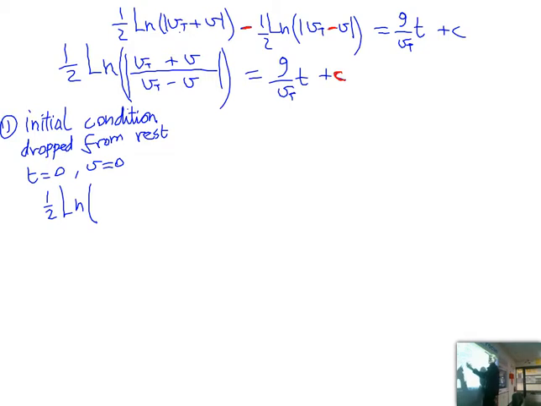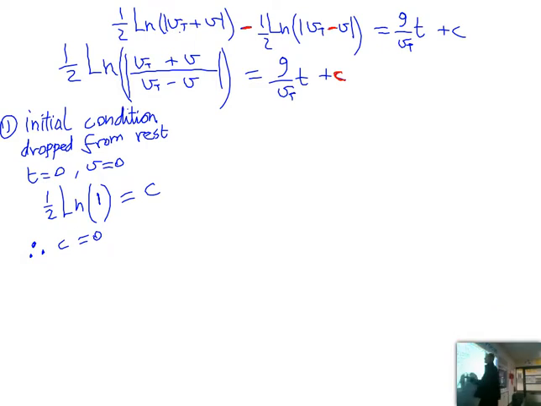What's left is 1: terminal velocity divided by terminal velocity, which is just 1. Time is 0, so that will go to C. What is the natural log of 1? 0, that's right. That's great, we like this version.